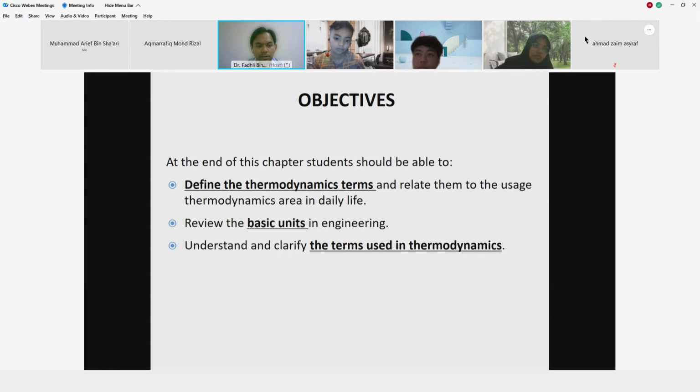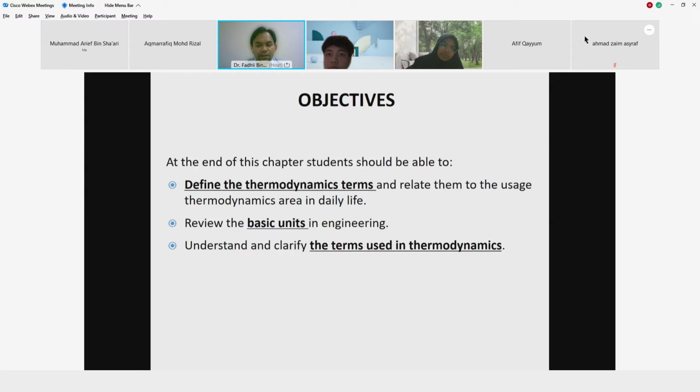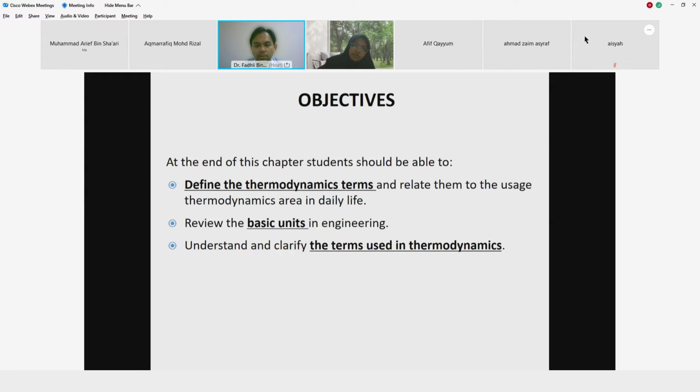And last but not least, understand and clarify the terms used in thermodynamics. So please make sure you focus, because there are several new terms you are going to learn in this slide, and these terms will be used along this semester.